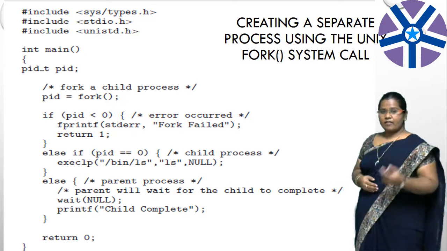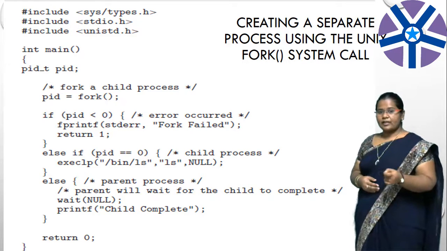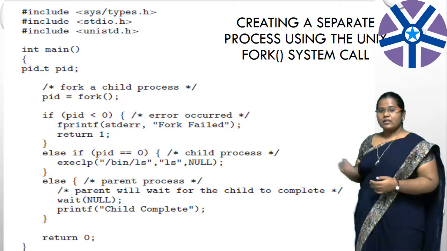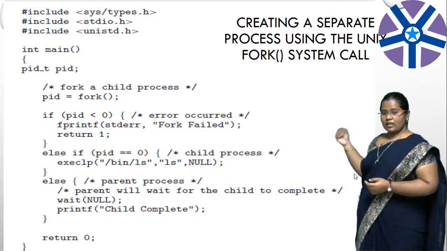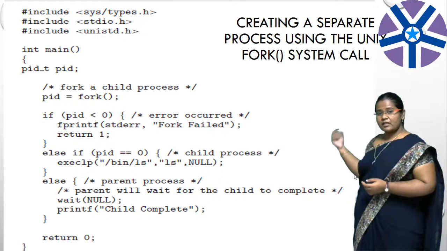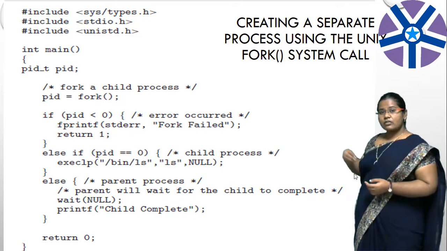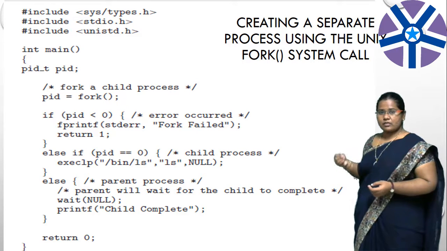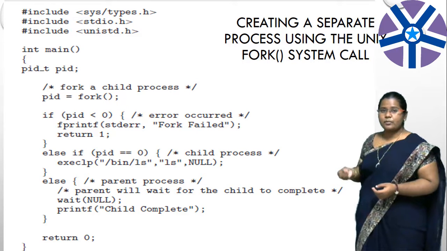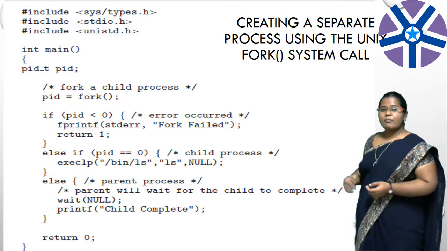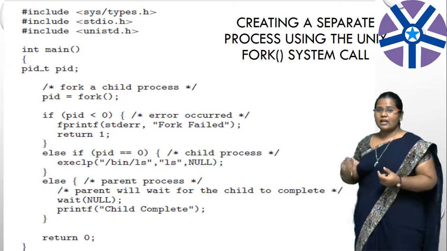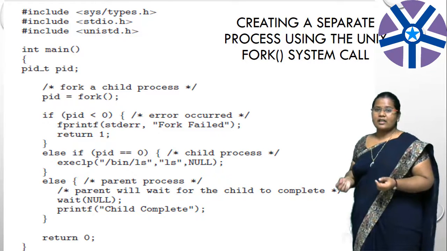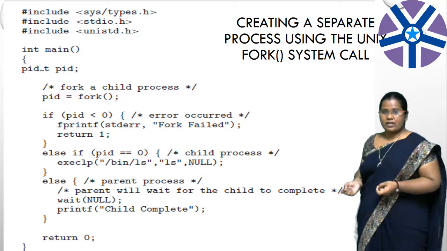Next, if it is successfully created and returns 0, then it indicates the child process is created but the parent is being executed. In order to make the child process start its execution, we make use of one more system call called execlp. exec is the main system call which has different versions, and execlp is one version of exec.